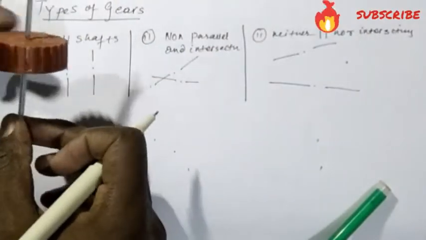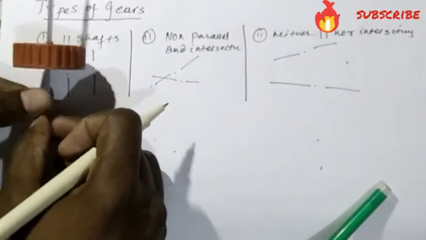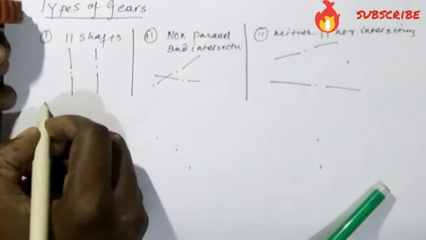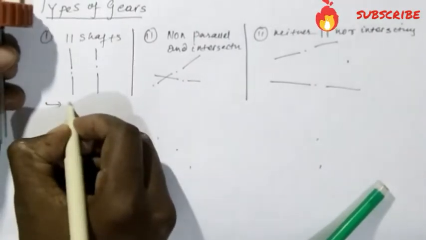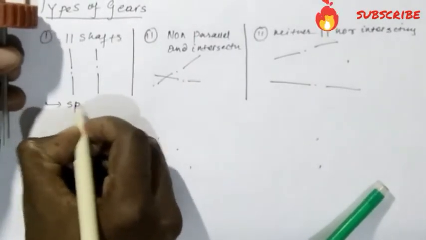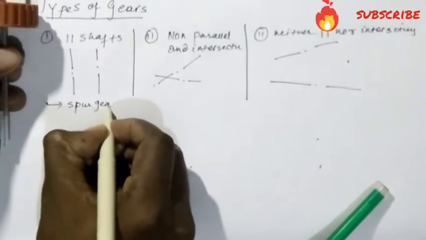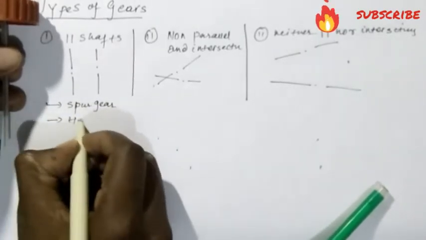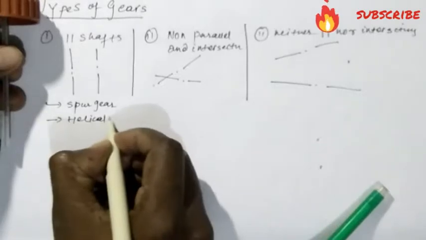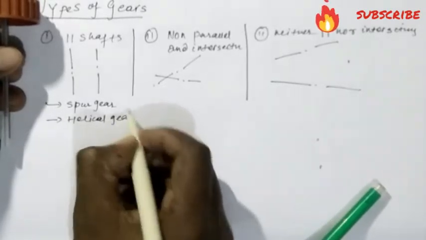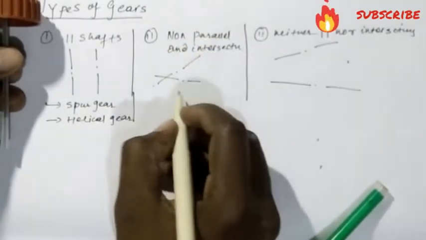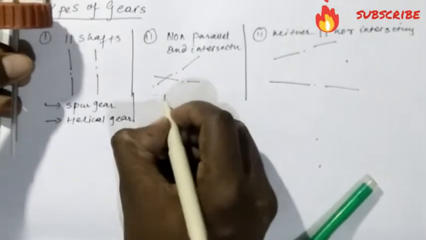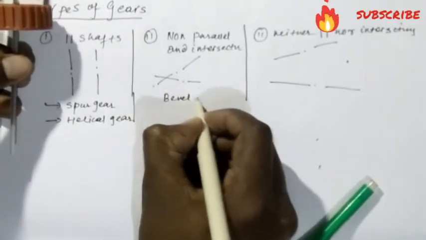We will give different names to the different gears. So the first one is, when the shafts are parallel, we use two types of gears. One is a spur gear and another is helical gear. Now I will tell you what the spur gear and the helical gear are. When the shafts are non-parallel but intersecting, we will use bevel gear.